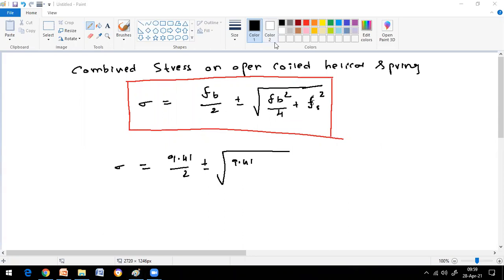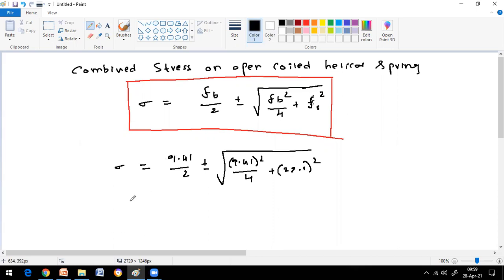You can substitute all the values and see what will be the combined stresses acting on the open coiled helical spring. By 4 plus, what is the shear stress amount? 22.1 whole square.